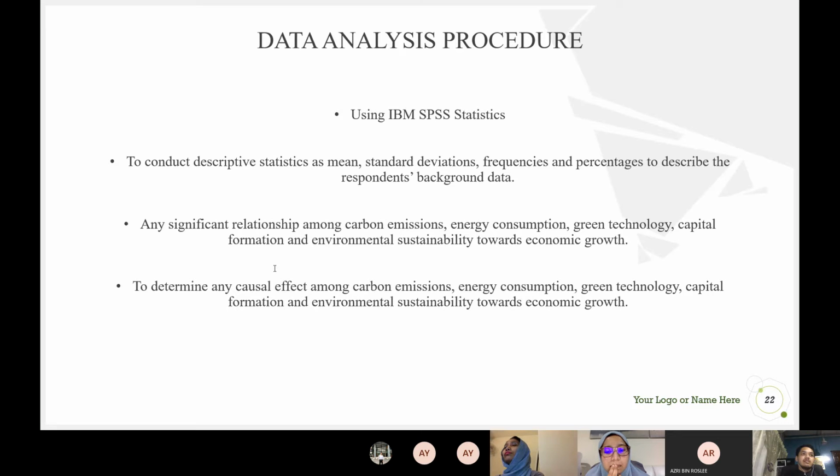Moreover, the survey was conducted to determine any causal effect among those five subtopics and towards the economic growth.